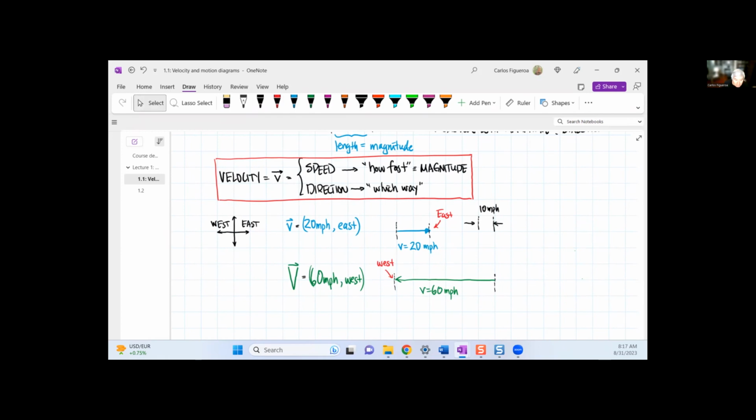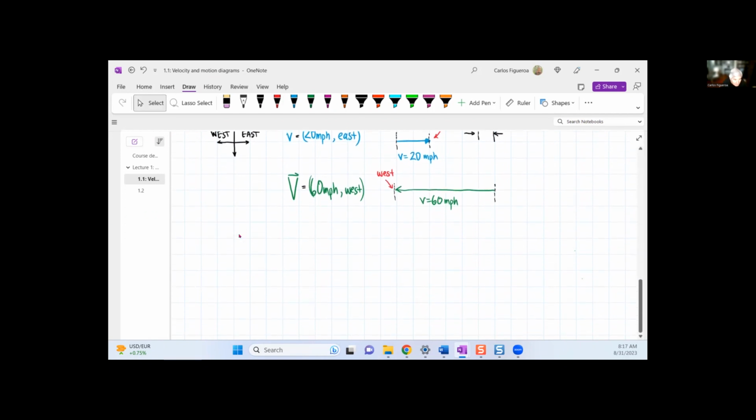So now let's keep moving along here. What I want to do now is analyze the motion of objects using velocity in motion diagrams.